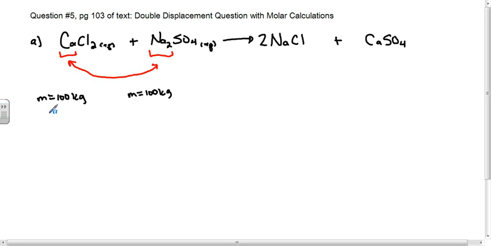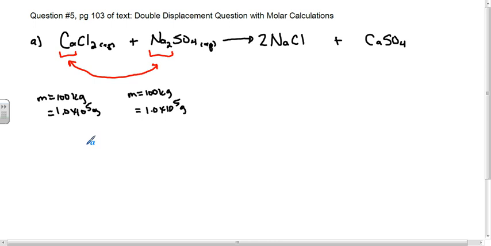First step, I've given you that we have mass in kilograms, and of course, we need to convert kilograms to grams. 100 kilograms would be 100,000 grams, but we don't like using big numbers like that, so we'll switch to scientific notation. So 100,000 would be 1 times 10 to the 5 grams, and that's the same in this case as well.